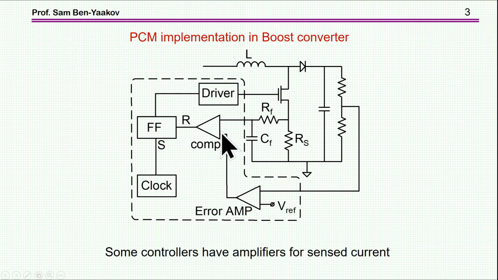Here I'm showing an implementation in a boost converter of a peak current mode. This is a boost converter: inductor, switch, and diode. And here we measure the current. This is the current of the inductor while the transistor is on. We have a filter here.